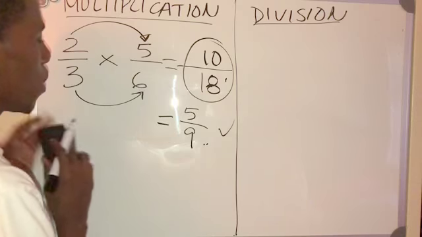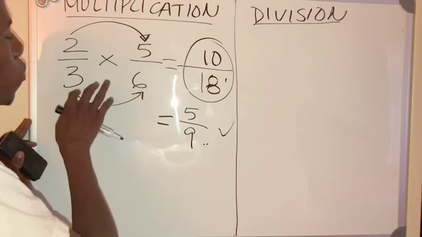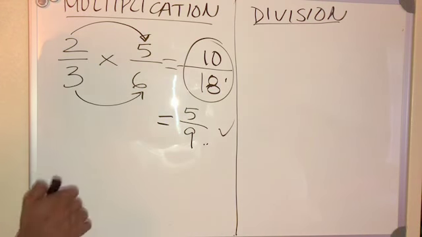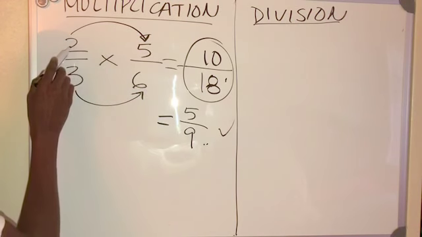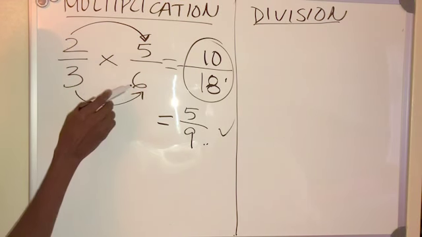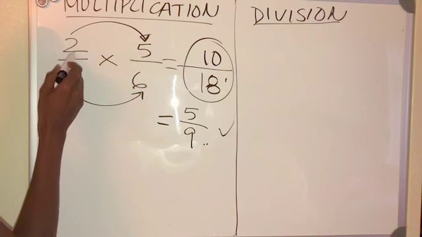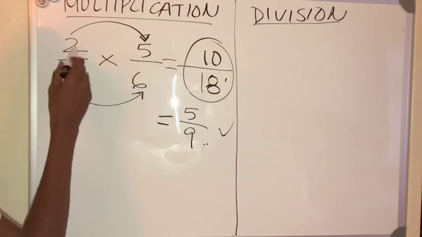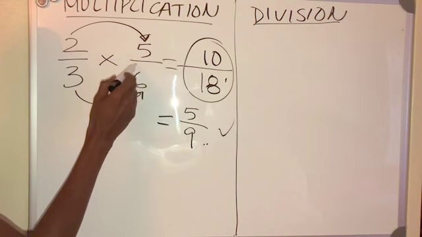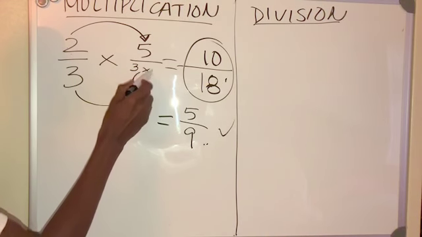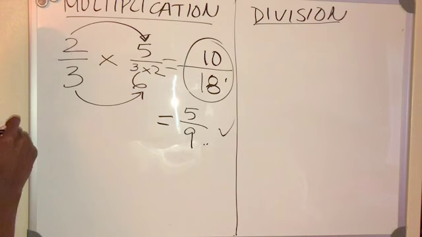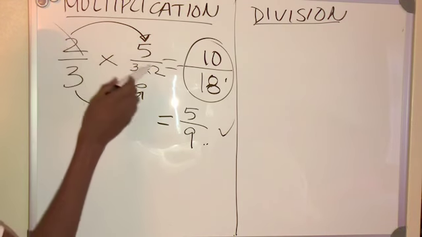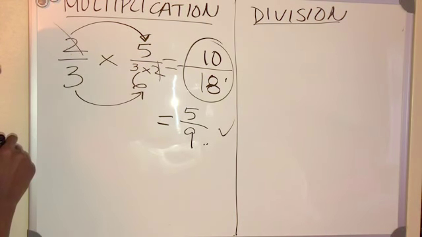So let me show you another way you could get the answer. If you see that 6 is a multiple of 2, you could say, okay, if this is 2, what number can I multiply by 2 to give me 6? You say 3, so that can basically be 3 times 2 right here. And you say, oh, that's a 2 right here, that's a 2 right here, I cancel it.